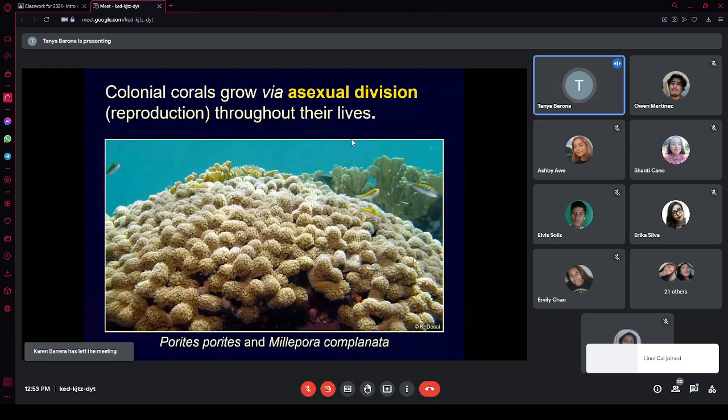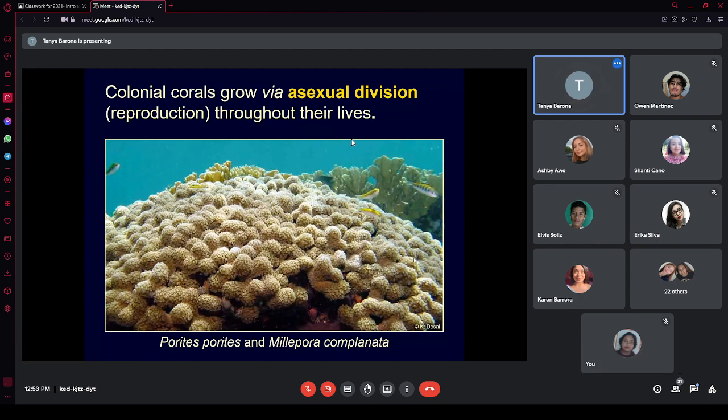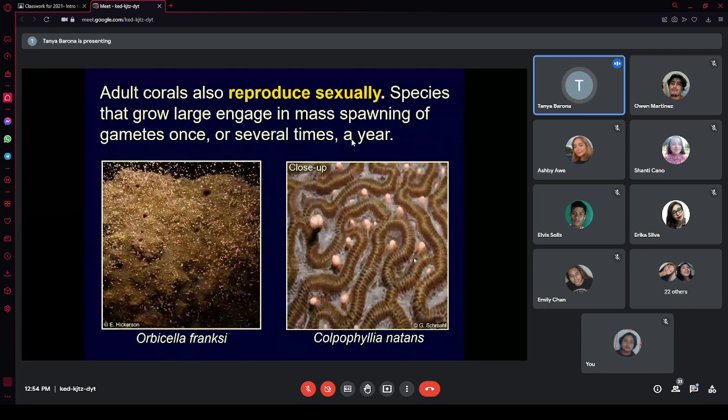Corals grow in colonies, and this is how they form an entire reef system. They do this by reproducing asexually, such as the finger coral, meaning if a portion of a finger coral breaks off, it will continue to grow. Or they reproduce sexually, where they release gametes into the water once or several times for the year.